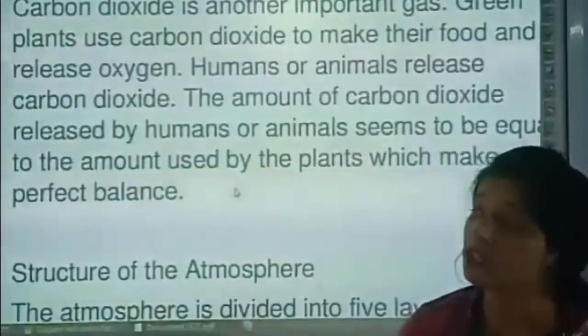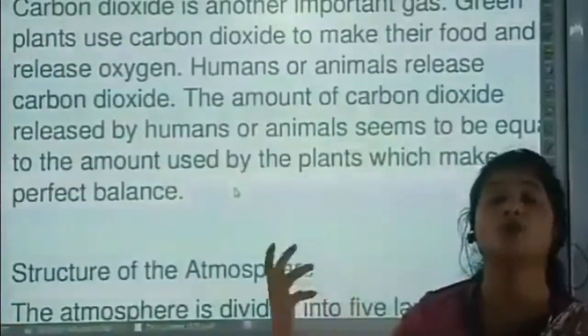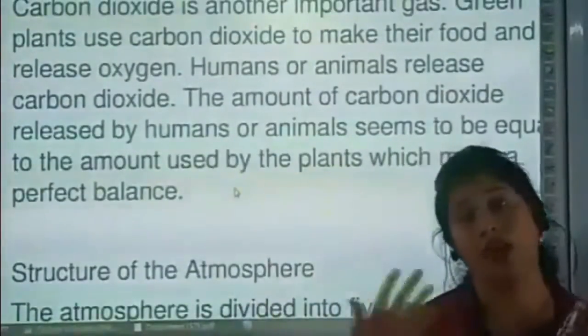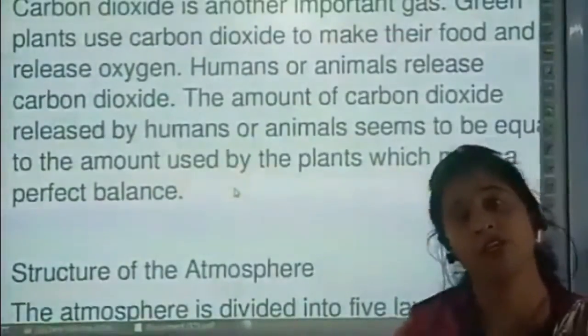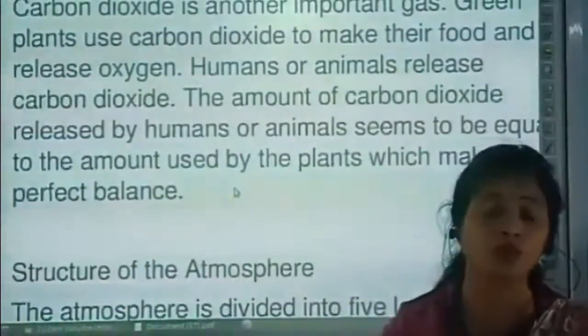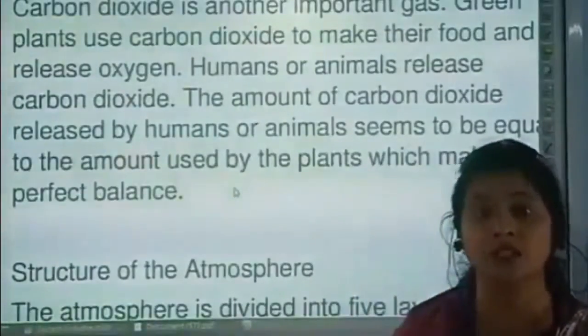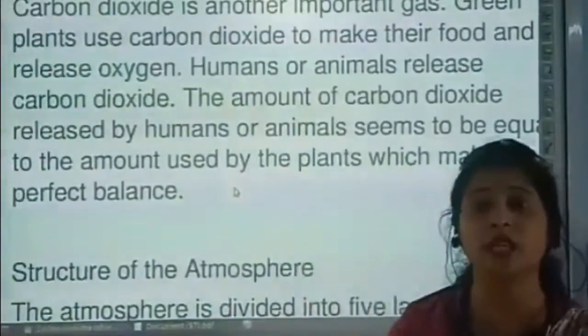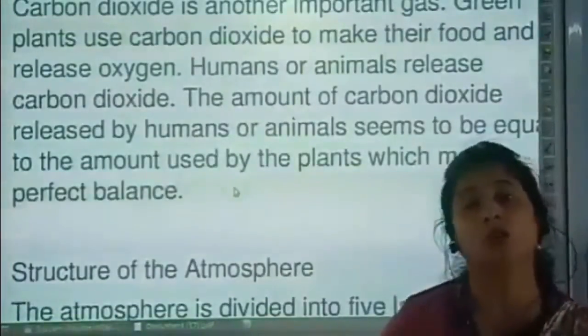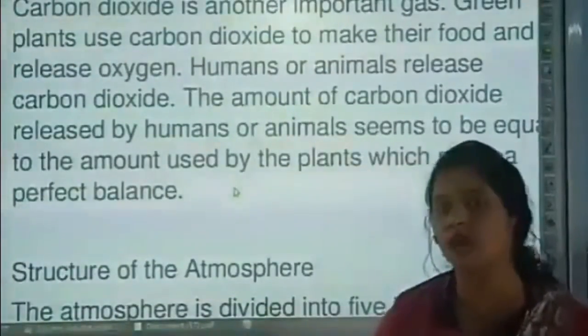But with the increasing population of human beings and growth of animals, plants are less and human beings are more. What happens then? The carbon dioxide in the environment and atmosphere increases, and the quantity of oxygen becomes less. So it is an imbalance in the atmosphere.